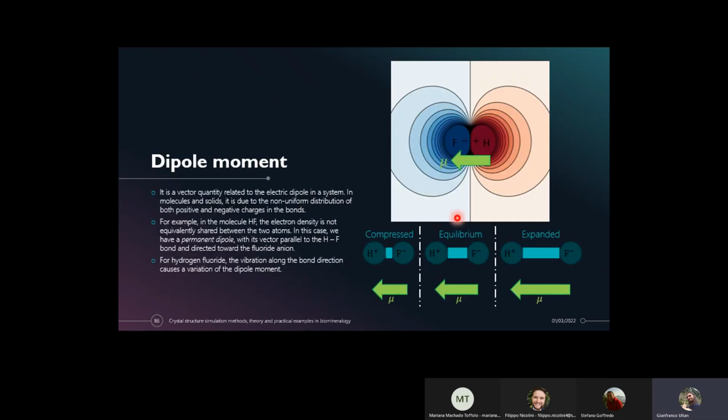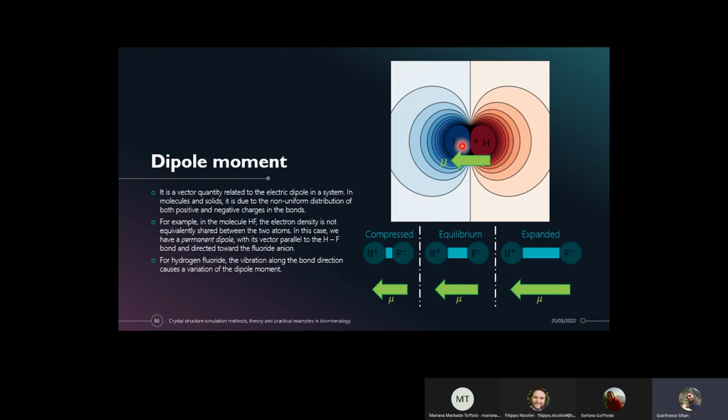So the dipole moment, very briefly, is a vectorial quantity that is related to the electric dipole in your system. It is due to the non-uniform distribution of positive and negative charges in your system. This is a very simple example for hydrogen fluoride.